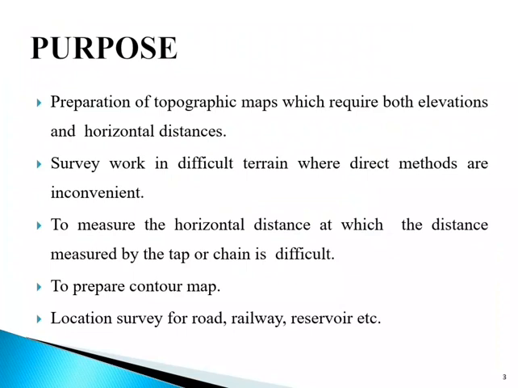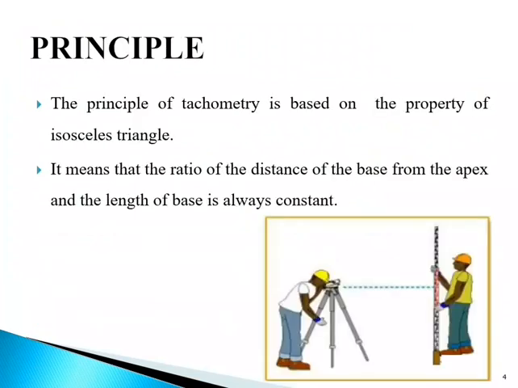Okay. So let's see the principle of tachometry. The principle of tachometry is based on the property of isosceles triangles. It means that the ratio of the distance of the base from the apex and the length of the base is always constant.